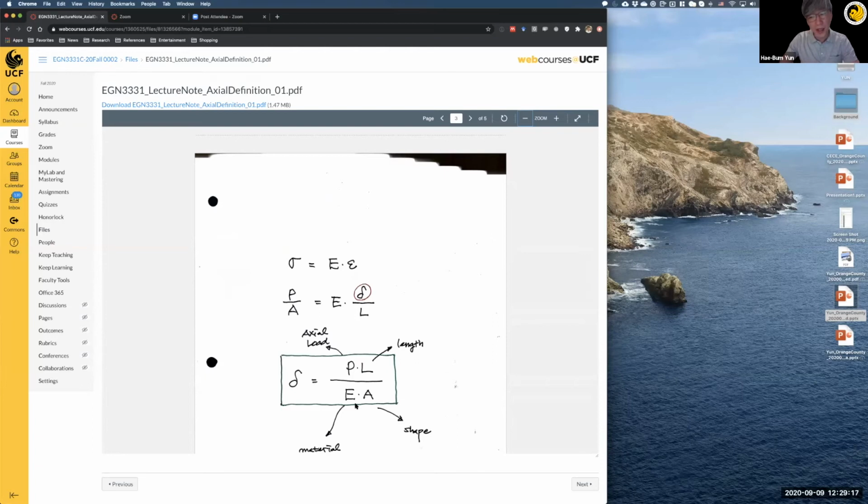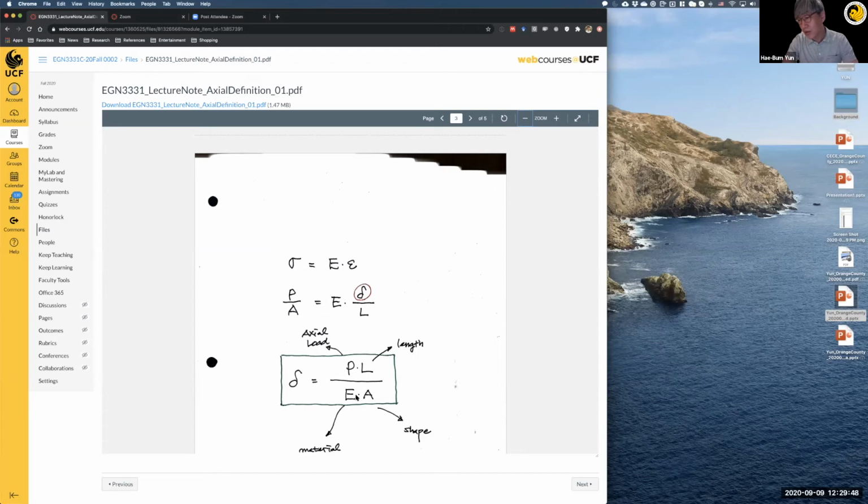But I can ask, as a design problem, that I want to limit this delta to a certain value for given P and L and A, and what is your choice of material? Then you want to determine E, right? So it depends.